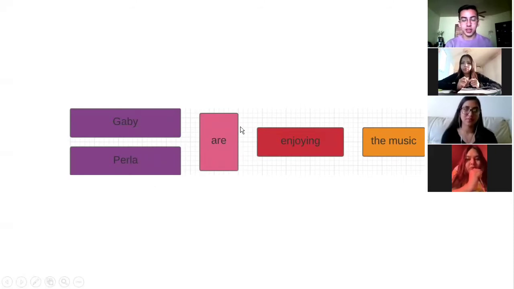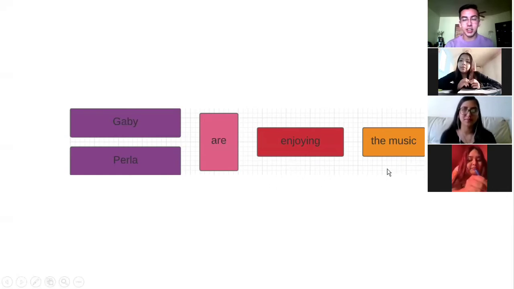So the auxiliary, we have to add another rod and change it to a plural auxiliary, which is are, and the sentence will change to Gabby and Perla are enjoying the music. So can you repeat it, please? Gabby and Perla are enjoying the music. Once more. Gabby and Perla are enjoying the music.